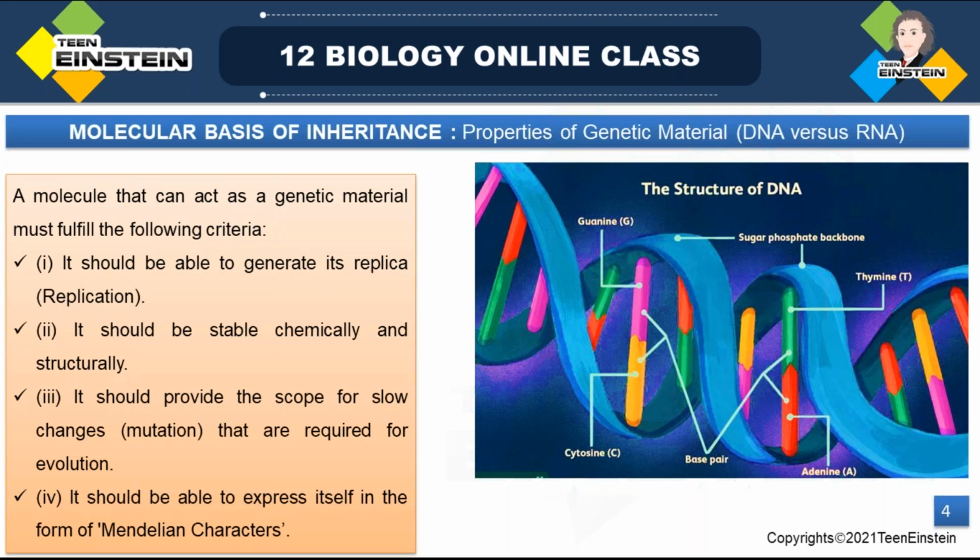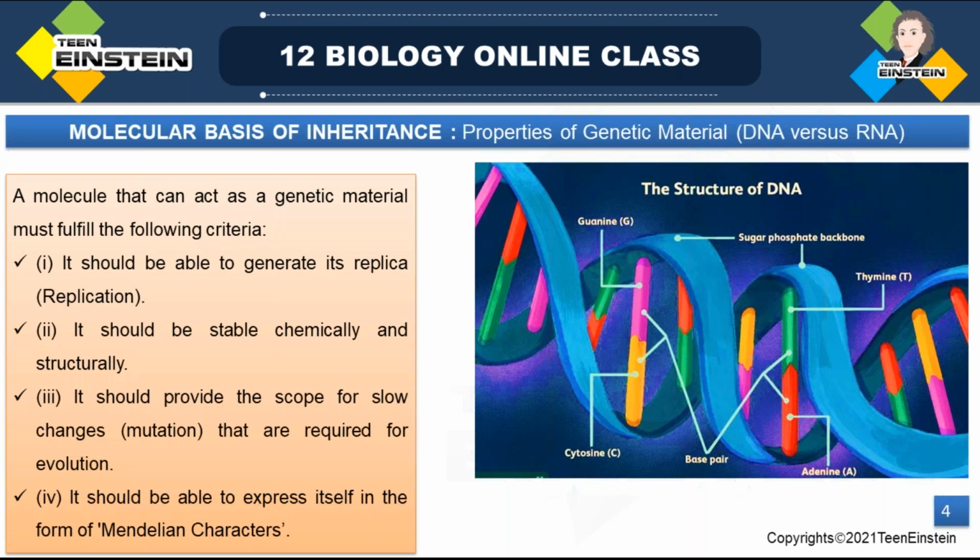While the age changes, that genetic material should not change the characters, or during physiological changes of an organism also, that should not get changed. So in Griffith's experiment, the stability of this genetic material was very clearly explained, or proven.